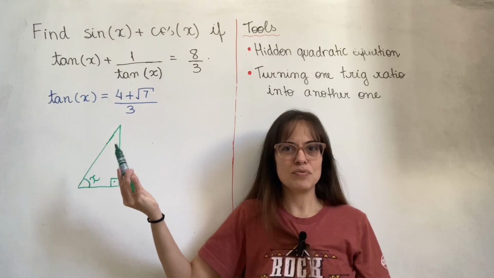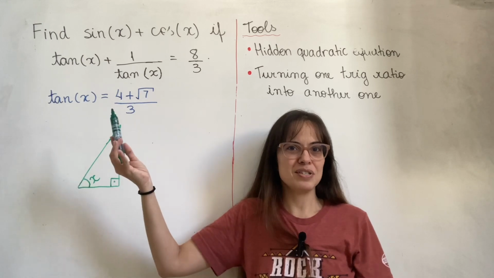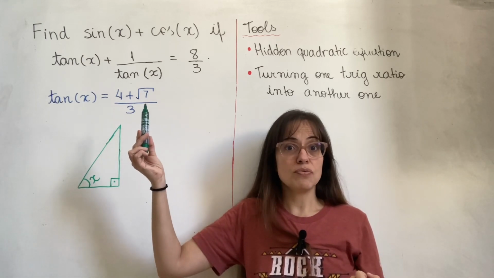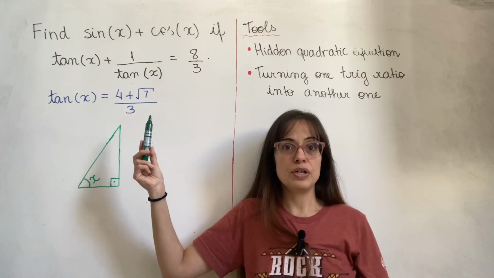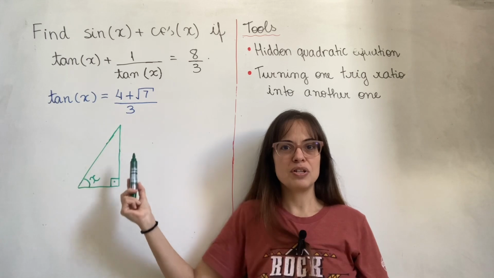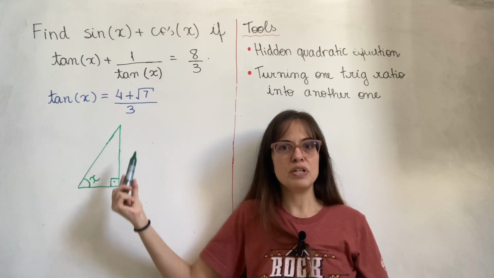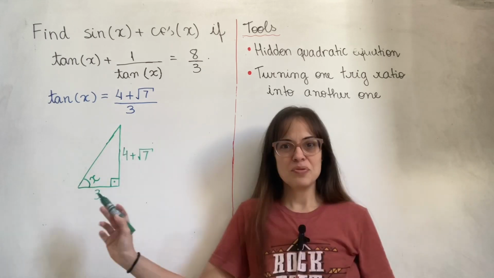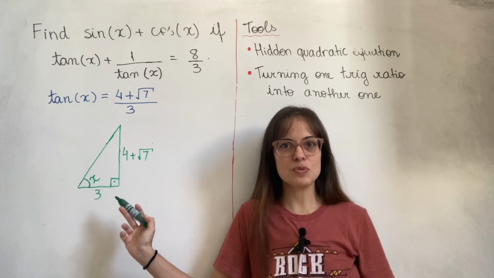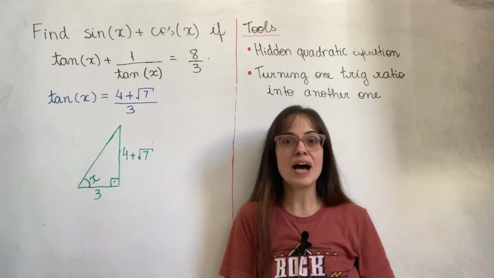It might be in a different case where the tangent of x is equal to 3 or something. But often it is going to be a fraction. So the most convenient way to deal with this is to take the numerator of the fraction as the opposite leg and the denominator as the adjacent leg. Now the tangent of that angle is certainly this over this, which is the number that we have.